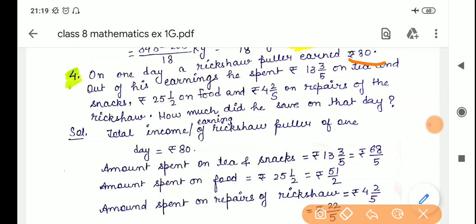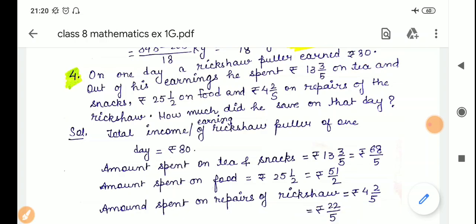As you know, like your father, if he earns something, for example rupees 100, and he has given 50 rupees to your mom and 20 rupees to you. Now if we ask how much he saved, what we will do is subtract the value given to you and to your mom.